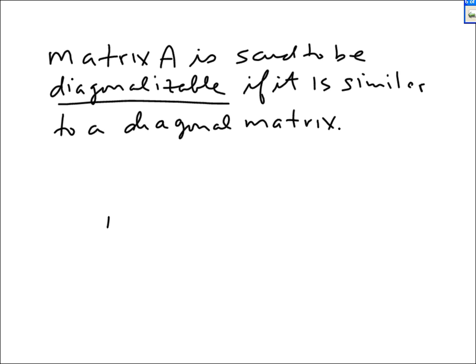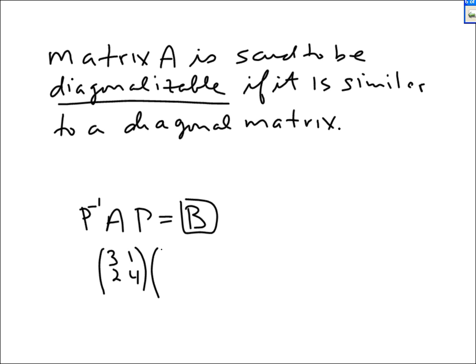Just because you take matrix A and you multiply on the right by some non-singular matrix and you multiply on the left by the inverse, the matrix you get back doesn't have to be a diagonal matrix. I mean, after all, if I take matrix A, 3, 1, 2, 4, and I multiply by the identity matrix on the right, and I multiply by the inverse of the identity matrix on the left to get that. That's too hard.